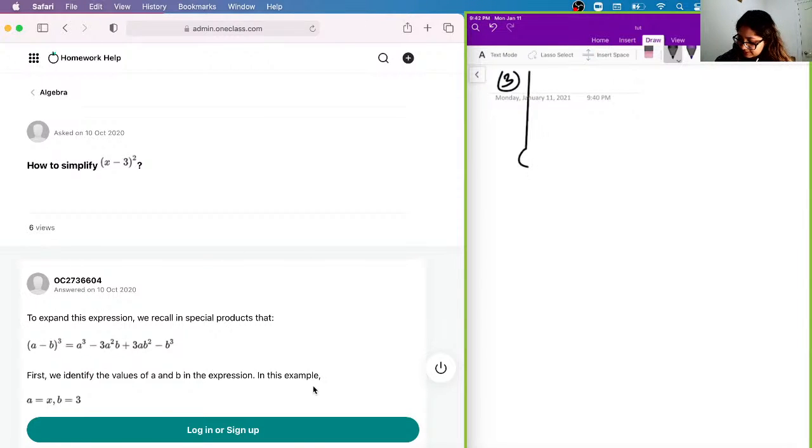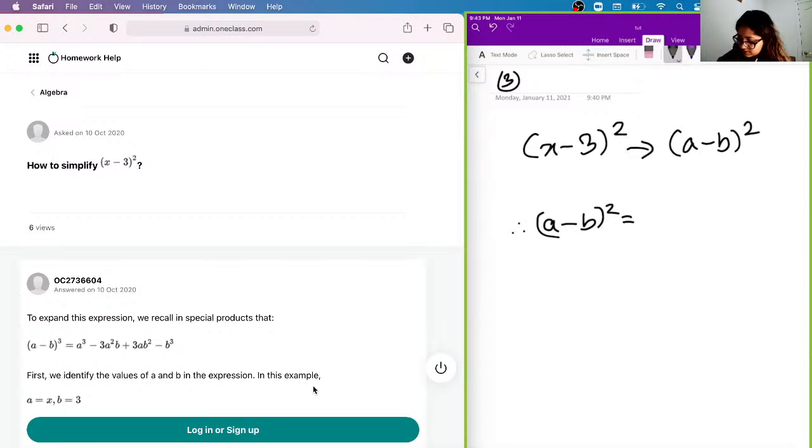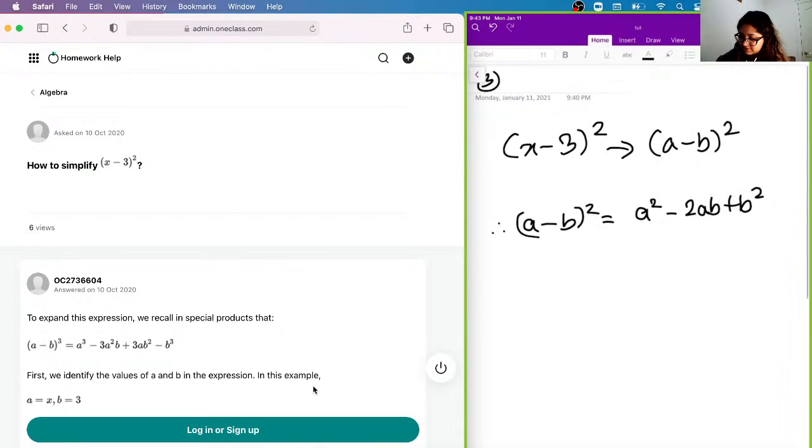So you have x minus 3 squared, and if you recall, this resembles the formula for a minus b squared, which is a squared minus 2ab plus b squared. So we're just going to use this formula to simplify x minus 3 squared.